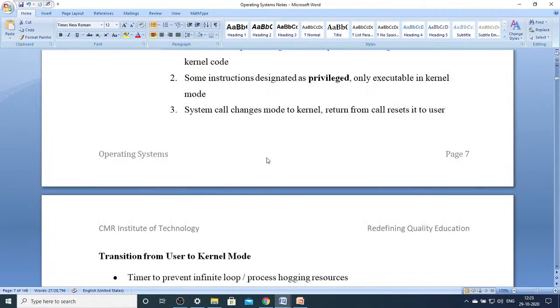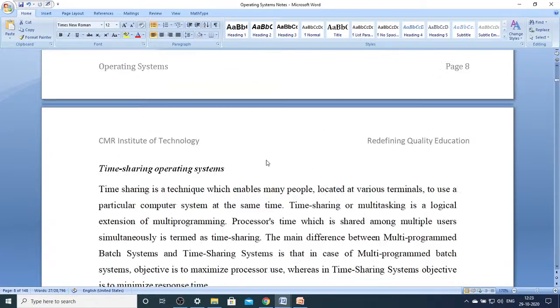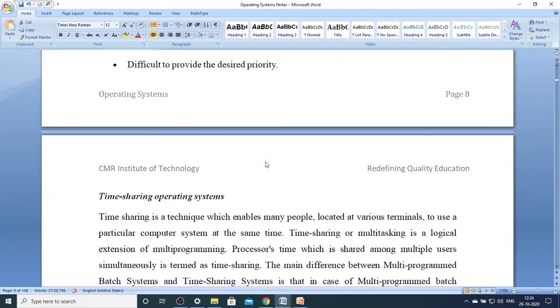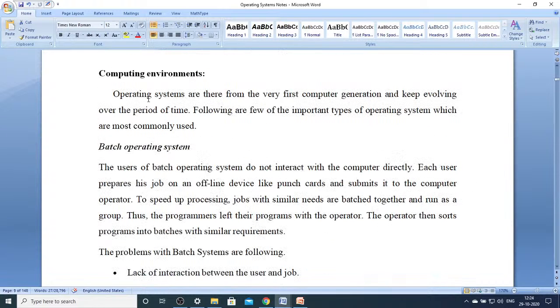Like that we have discussed. Let me just go there. Here you can see whether the question given to you is about computing environments or the evolution of operating systems. You need to address this.